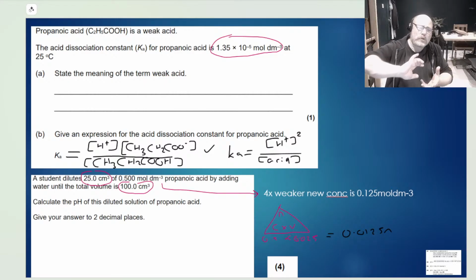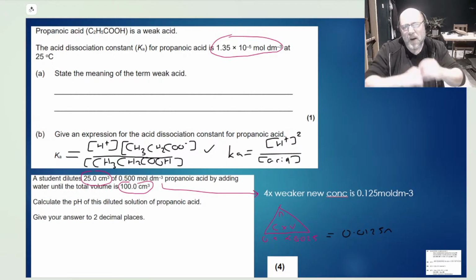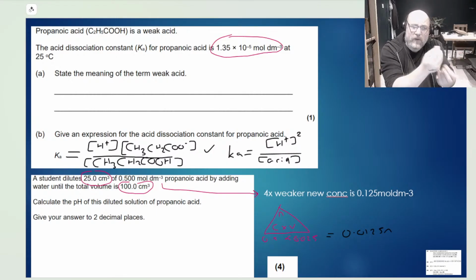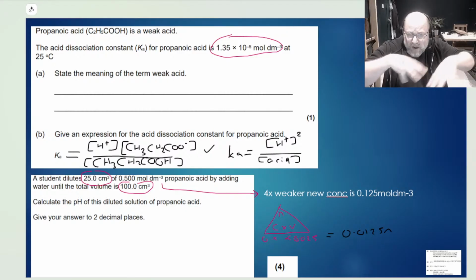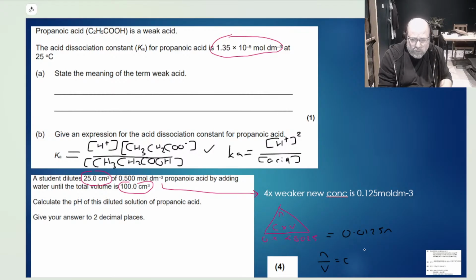They've added water up to 100 centimeters, but they haven't added any more acid. So the moles are the same, right? The amount of acid particles floating in there is the same. But now we're just going to rework out the concentration using the new volume. We're going to go N over V if you prefer that, and we can work out the new concentration. So now we know how many moles are in the original.